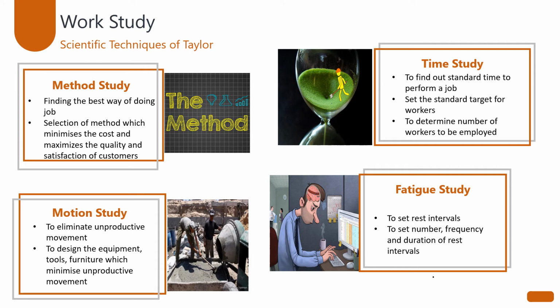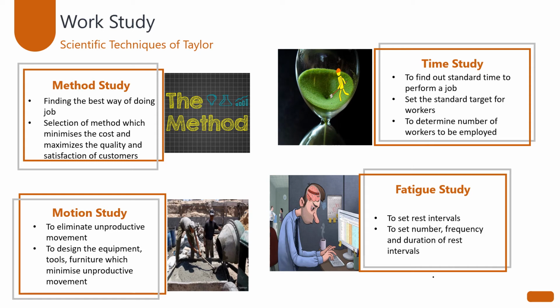For example, on the basis of several observations, it is decided that a worker can produce 100 pens in 20 minutes. That means in an hour he can produce 300 pens.